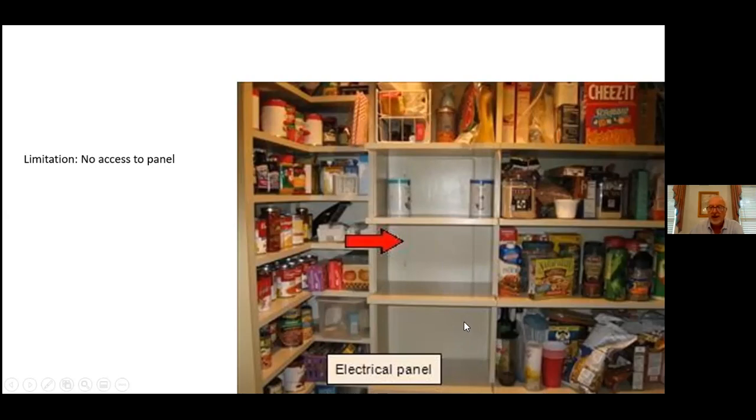We need direct access. In a case like this, it would be called a limitation. And with that limitation, we would request that all of this stuff be removed, provide the access to that panel, and we at HomeProbe would come back to this location for free and finish that little part that was not accessible and add it to the inspection to finalize it on out.